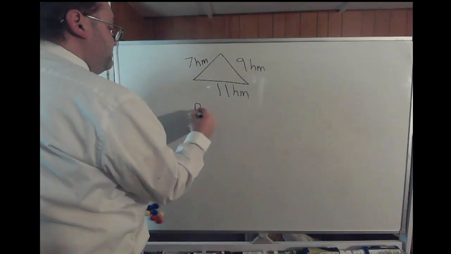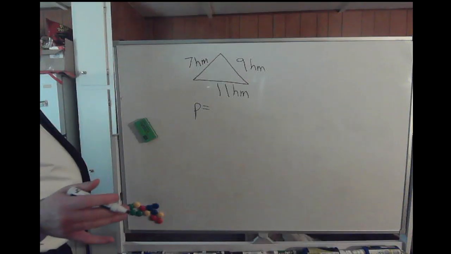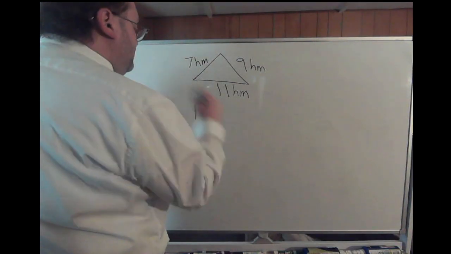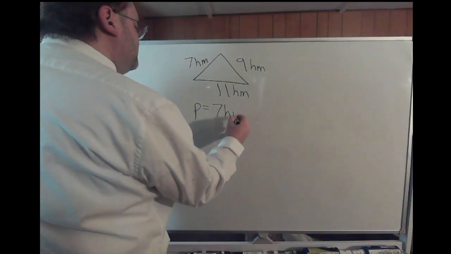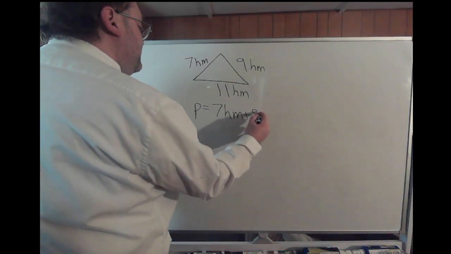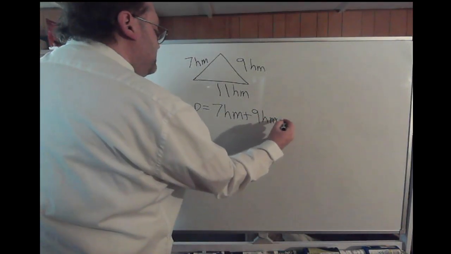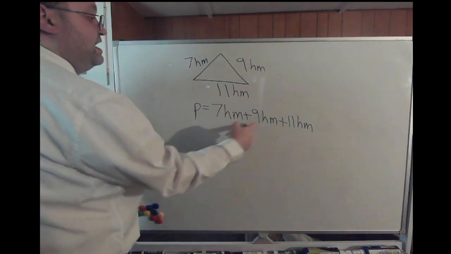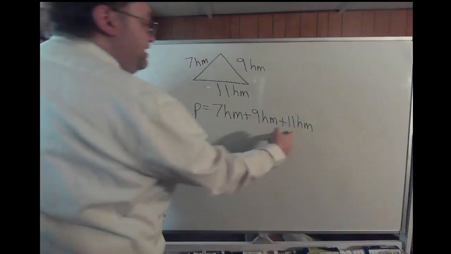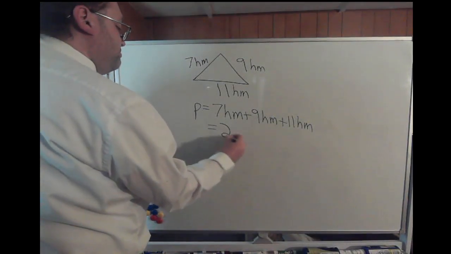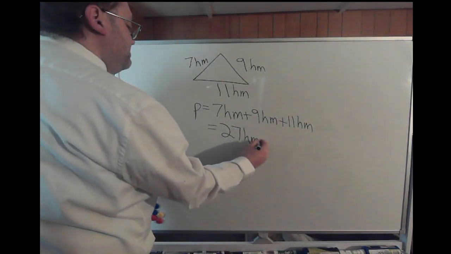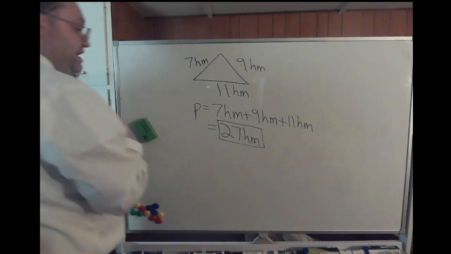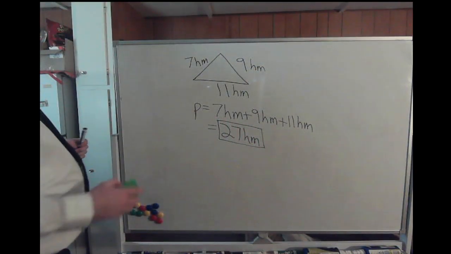Since there is no shortcut in a triangle, the perimeter is going to be 7 hectometers plus 9 hectometers plus 11 hectometers. 7 plus 9 is 16, plus 11 is 27. So your perimeter is going to be 27 hectometers.